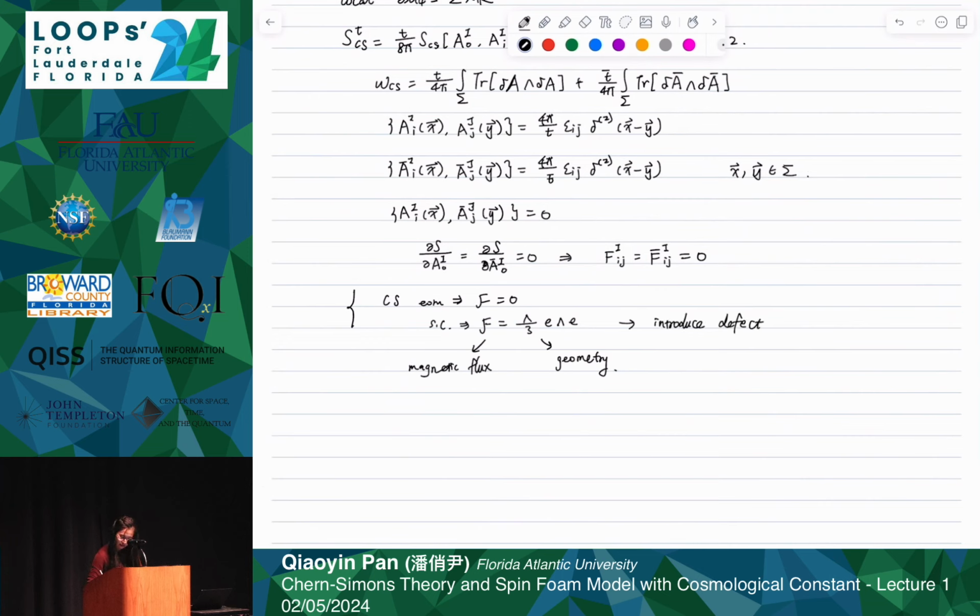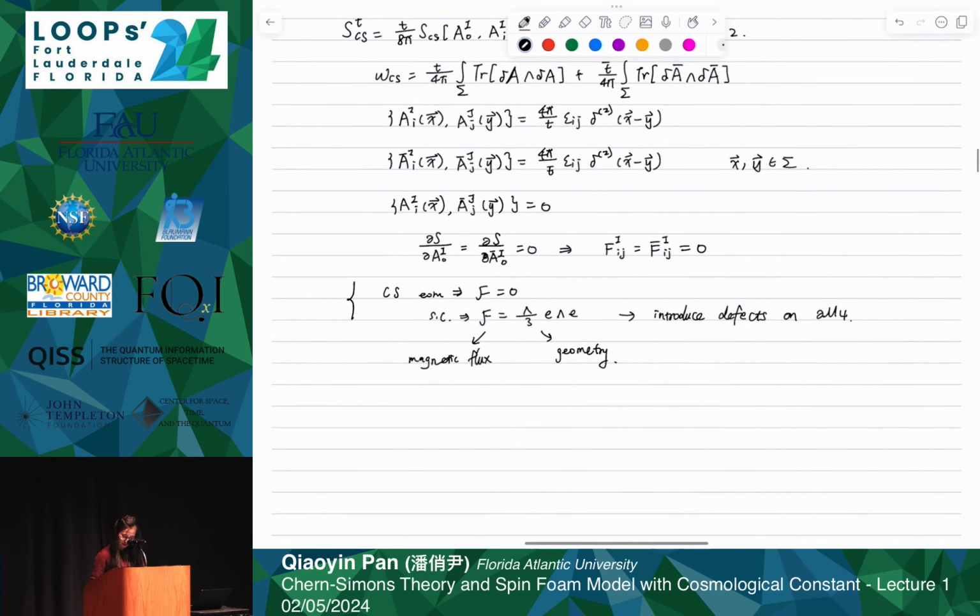And now we have the Chern-Simons theory on the boundary of a 4-manifold, and these defects are introduced on the boundary of the 4-manifold. So here comes the punchline of this discussion. At the beginning we want to construct the partition function of 4D gravity with a non-zero lambda.